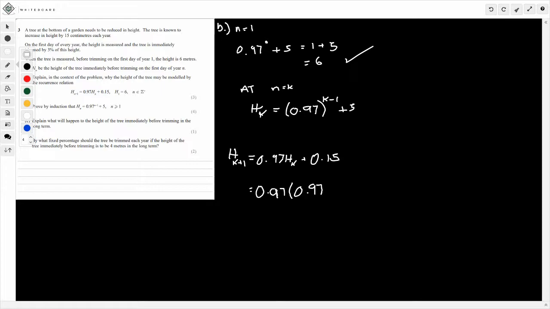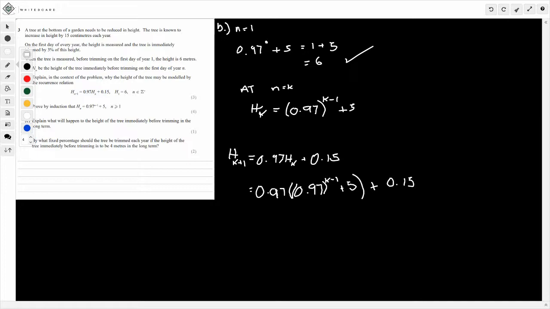I should have put this in a second bracket, 0.97 to the k minus 1, and I've still got my plus 5 from here, because it's the full expression of h of k. And I've got my plus 0.15 at the end. There we go.